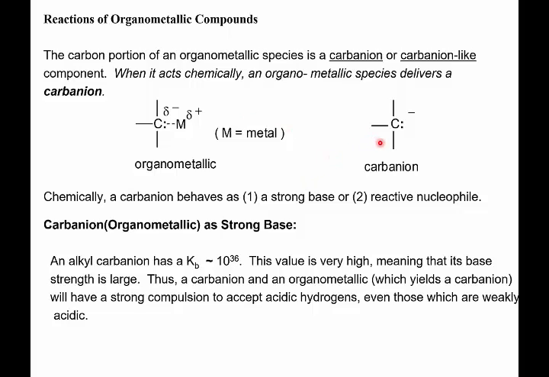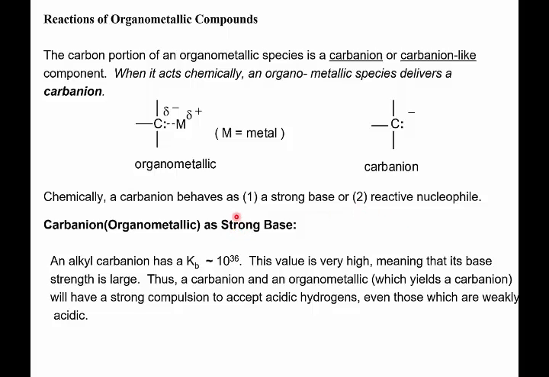A carbanion is a carbon with a pair of electrons and has a -1 charge. Now the carbanion, the component of an organometallic, chemically behaves in two possible ways, as a strong base or a nucleophile.